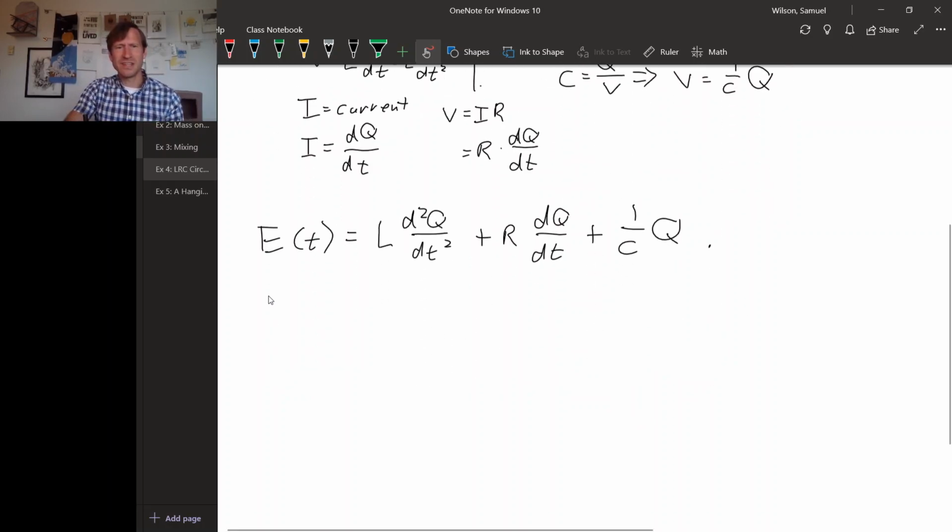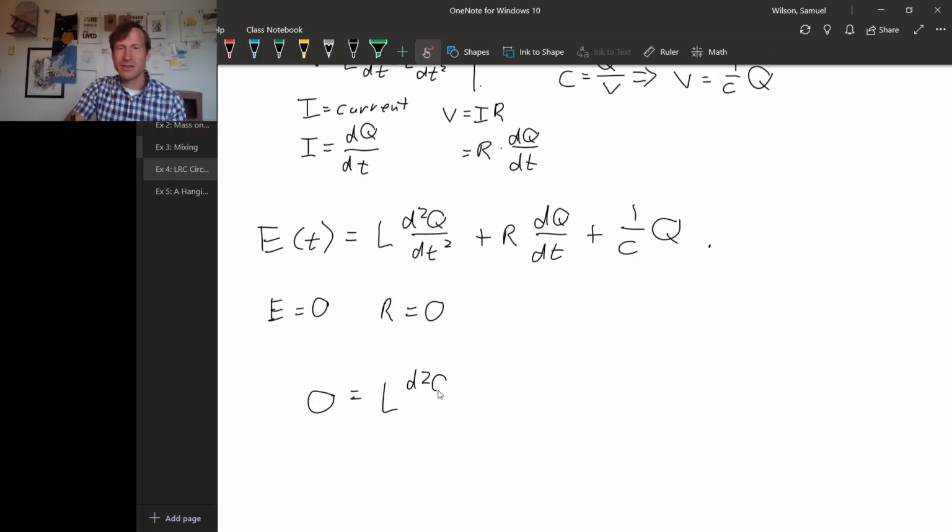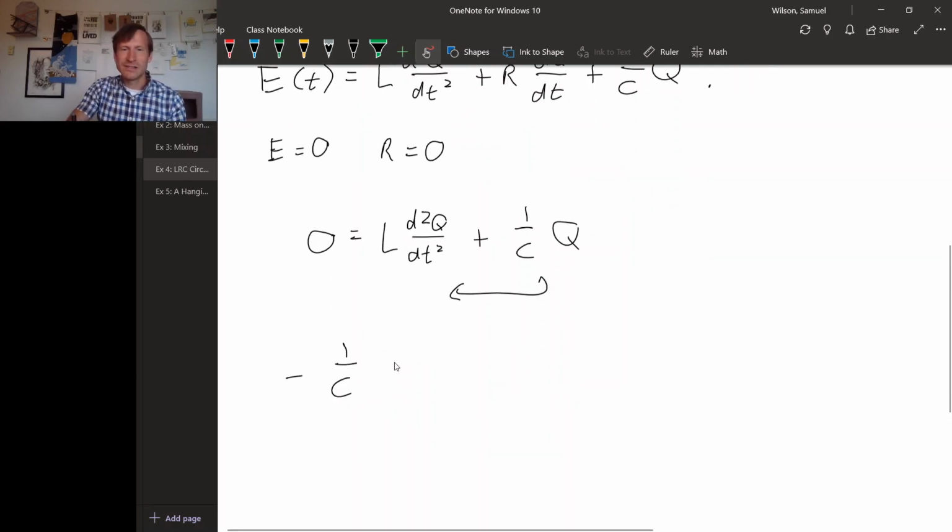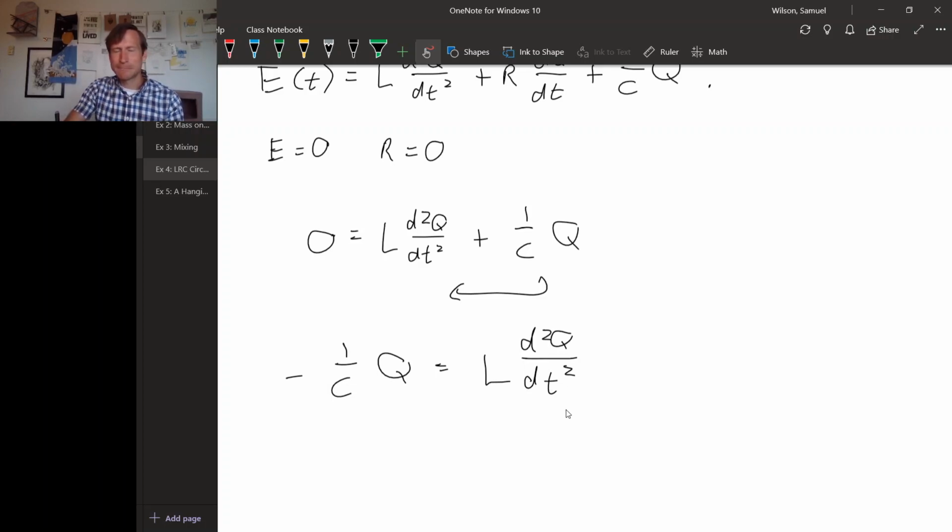Something kind of interesting happens if we don't have a voltage source, so if we say E is 0, and if we also pull the resistor out of the circuit, so if we make the resistance 0, then we get 0 equals L times the second derivative of Q with respect to t plus 1 over C times Q. The reason this is so interesting is that if we move the Q to the other side, we get minus 1 over C times Q equals L times the second derivative of Q with respect to t.